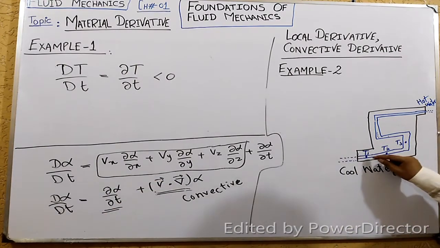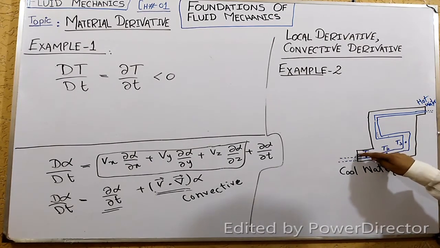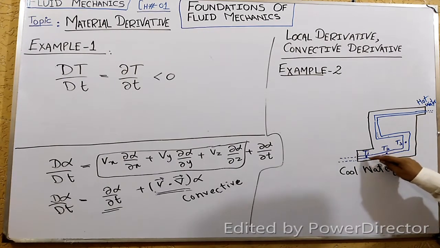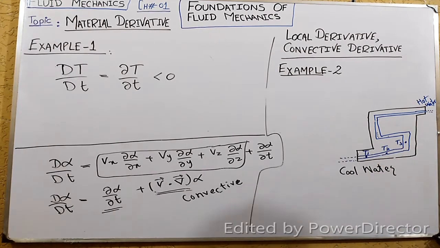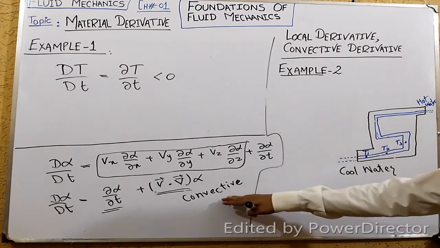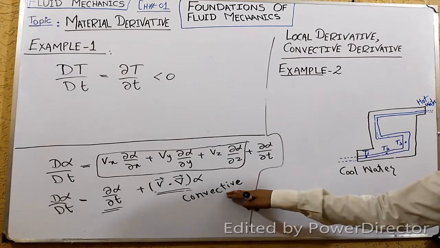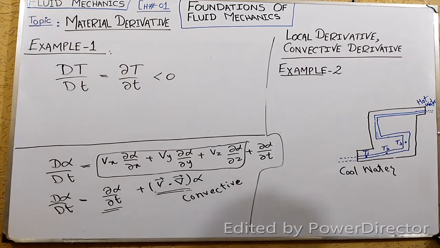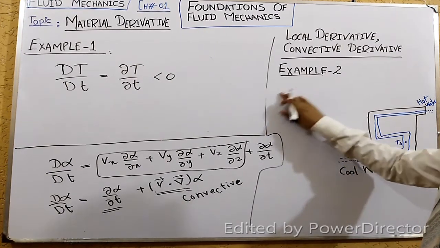But as we move through the heater, the temperature changes. Here is the temperature T1, and as we move further away from this point, the temperature increases. Therefore the temperature is changing with position, and hence the convective derivative term is non-zero because the gradient of the temperature is non-zero.